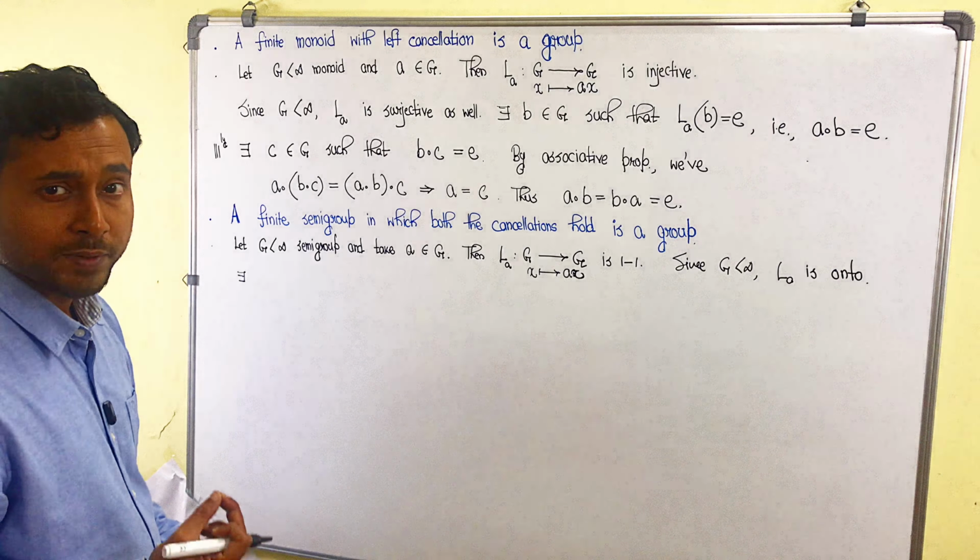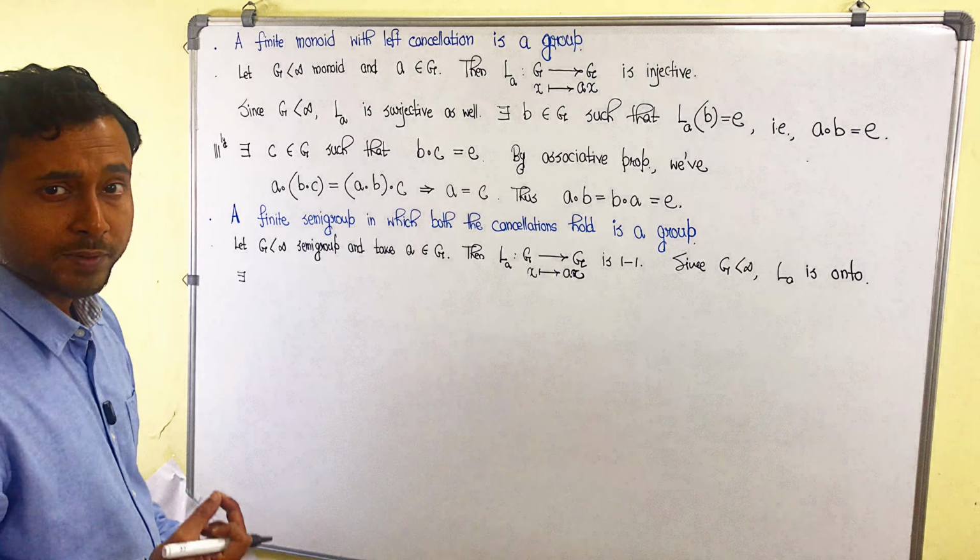Then there exists an element e in G such that L_a(e) equals a, which amounts to saying that ae equals a. Now we wish to show that this e is actually the identity element, which means we want to prove that xe equals ex equals x for all x in G.